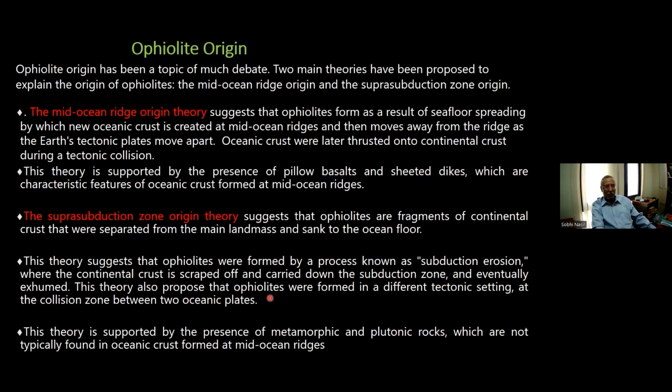This theory proposed that the ophiolite also were formed in different tectonic settings at the collision zone between two oceanic crusts. And the theory is supported by the presence of high pressure metamorphic zones, metamorphic soles, and plutonic rocks, which are not typically found in oceanic crust formed at mid-ocean ridges.